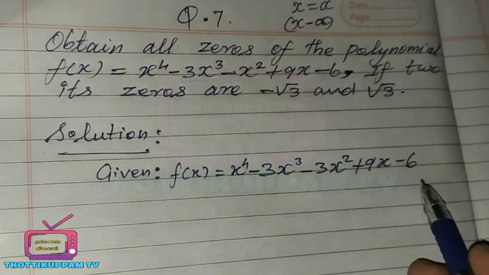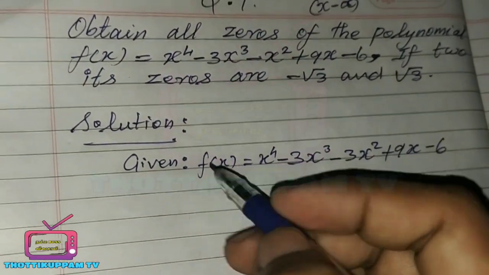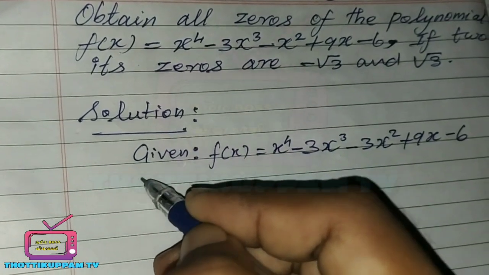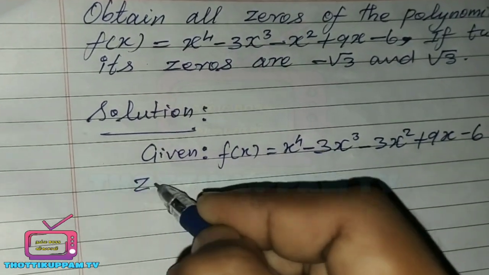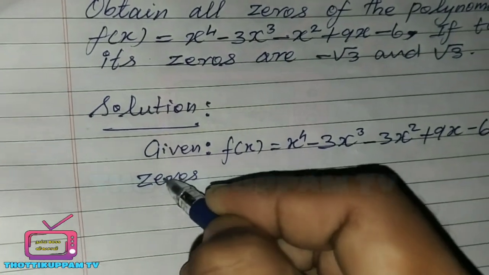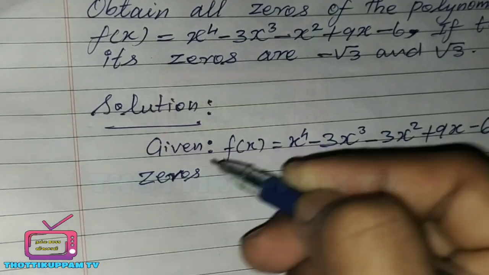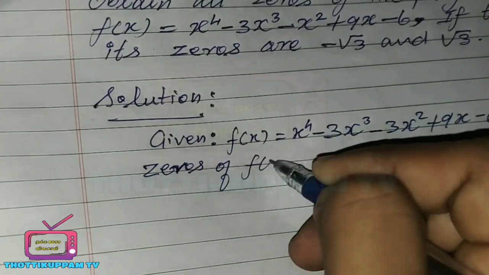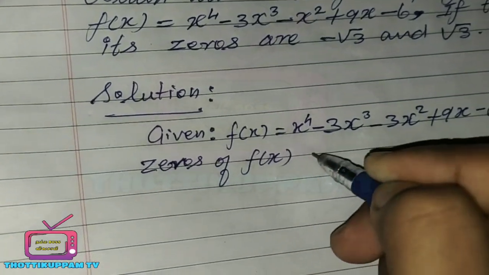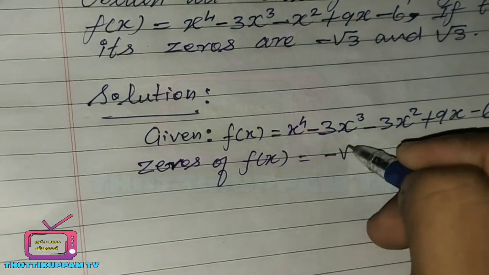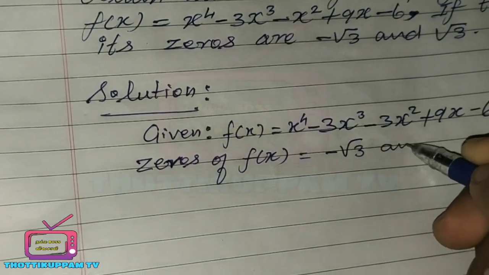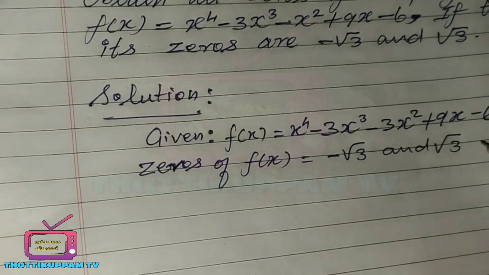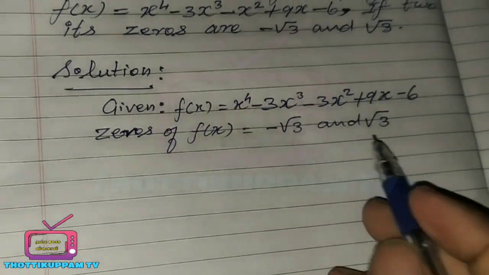This is from the question only, I copied. Next, given zeros of f of x is equal to minus root of 3 and root of 3.